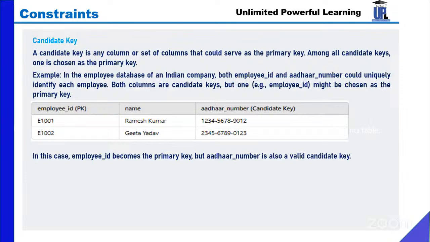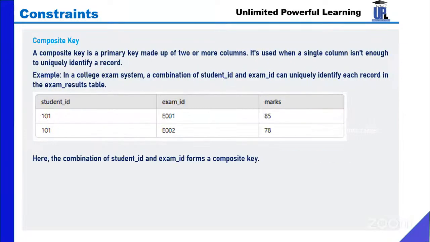It is eligible to become a primary key, but it is not selected to become a primary key. All possible keys can be considered candidate keys. If you take more than one column, such keys are called a composite key. And a super key is selected, but in that column, there are some keys that are self-sufficient. So still we consider it for extra care, and that is called a super key. Okay. So this is about the constraints.